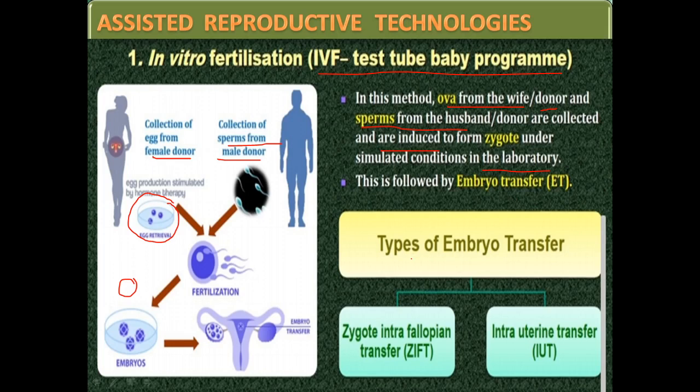There are two types of embryo transfers. First is known as zygote intrafallopian transfer, and the second one is intrauterine transfer.